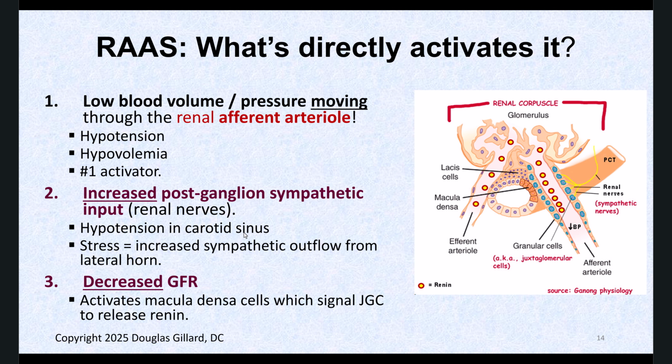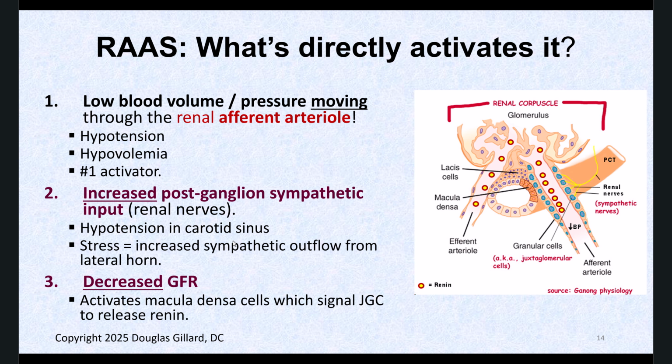Usually it's the carotid sinus. The baroreceptors in the carotid sinus detect the hypotension, and they allow the vasomotor center to send a signal to the lateral horn of the spinal cord, which is where the sympathetic chain starts, right? Those are the start of preganglionic sympathetic fibers. And that's where the flow of sympathetics comes from. But the other thing that can do this is stress.